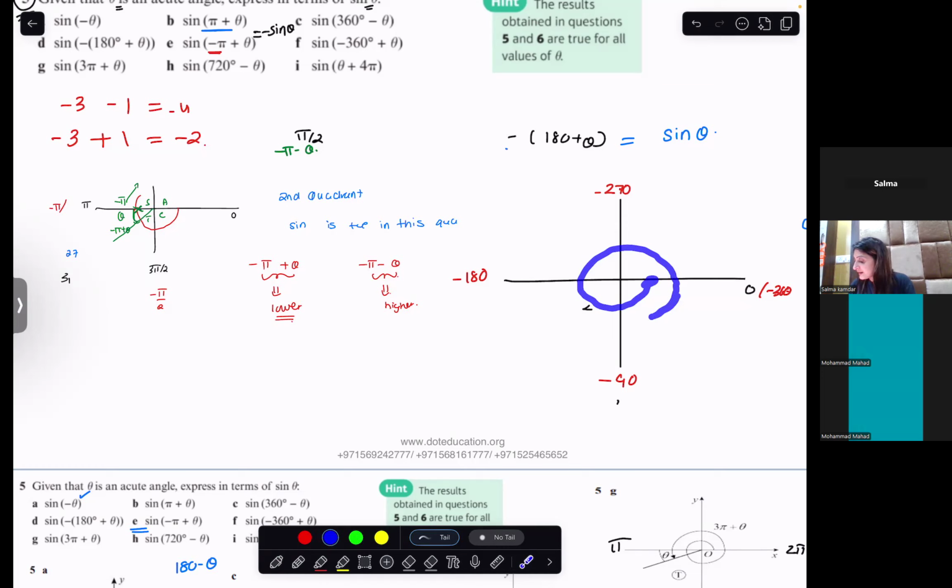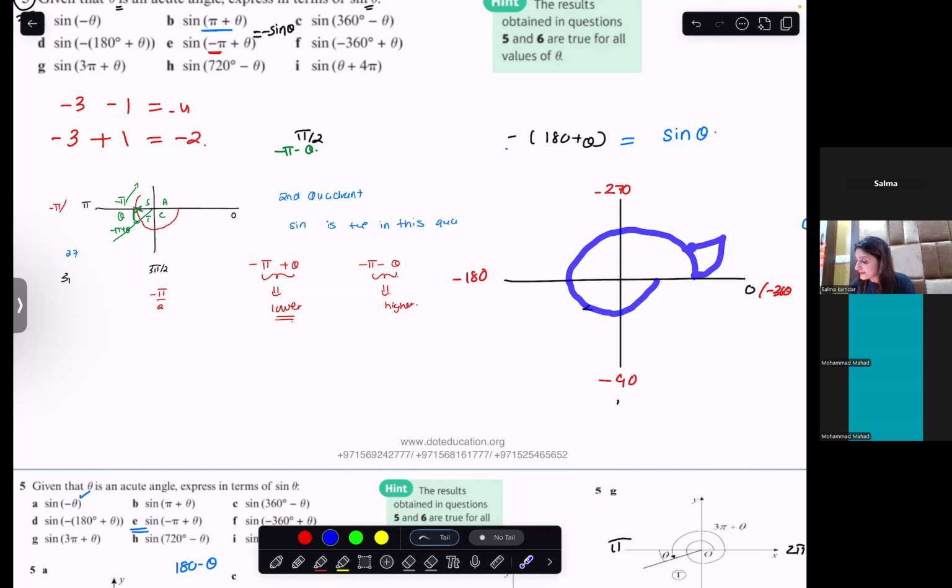Makes sense. But I am looking at minus 360 plus theta. So I go in the anti-clockwise direction, I hit the 180, the 270, I go to the 360. I stop.